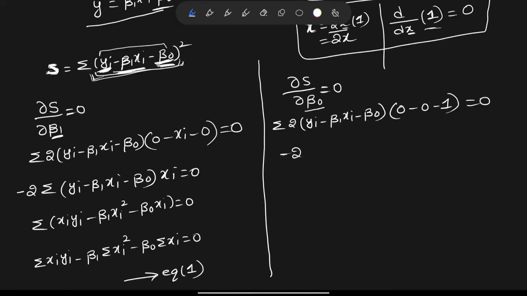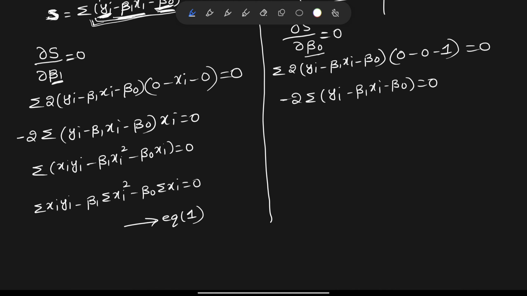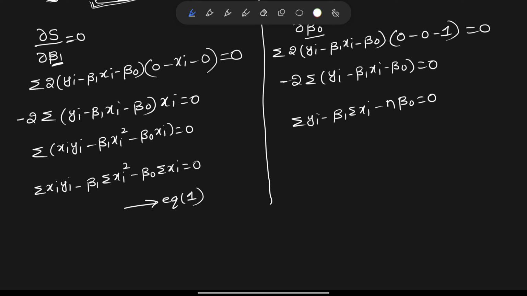Take minus 2 out. Dividing minus 2 on both sides, we will get, here the summation of beta naught we can simply write as n into beta naught.